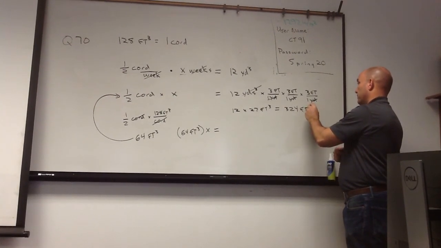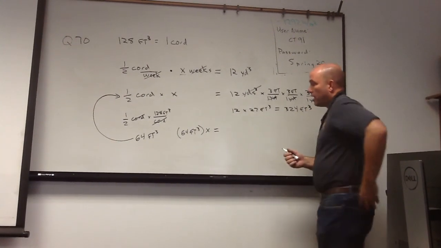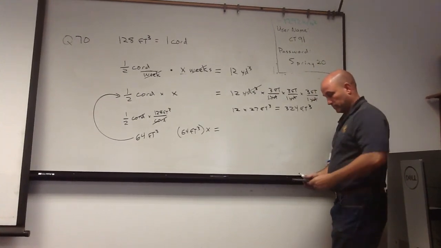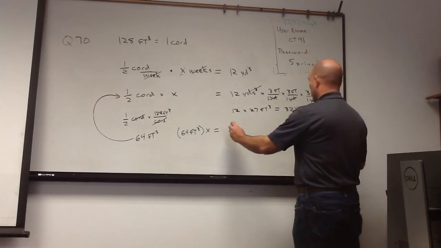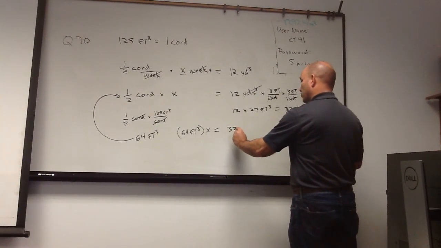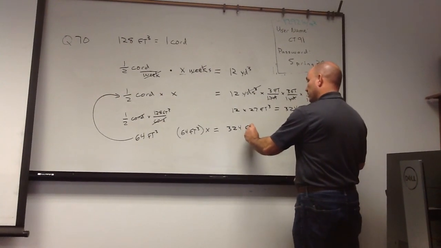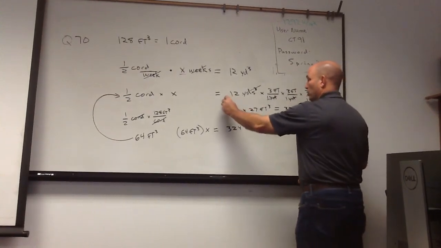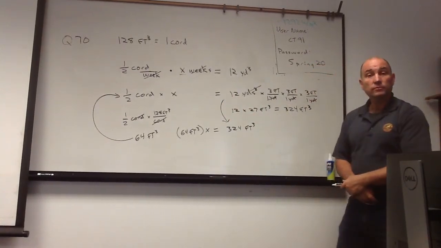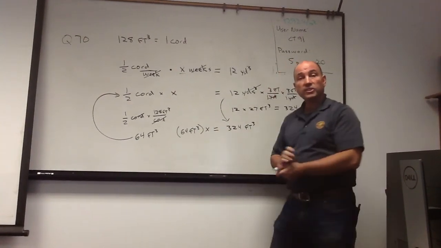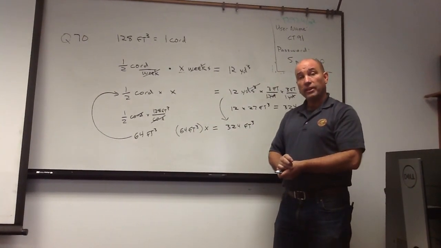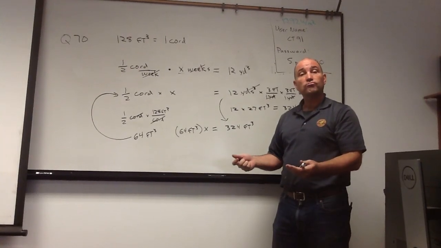Yeah. And so now I've got 324 feet cubed. 12 yards has been converted. Okay? And so now on this side of the equation I have feet cubed, and on this side of the equation I have feet cubed. So I'm probably going to do all right. What do you think my next move is?